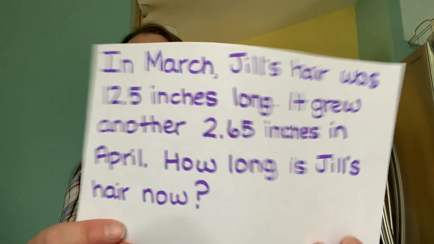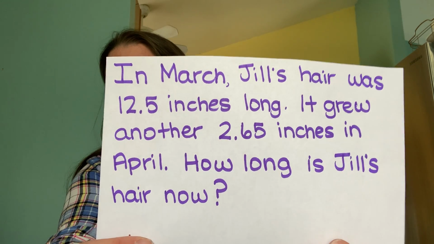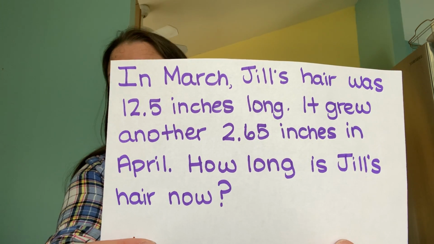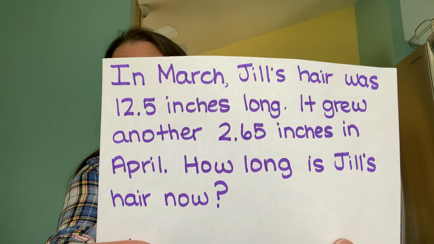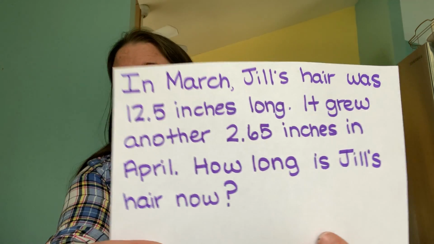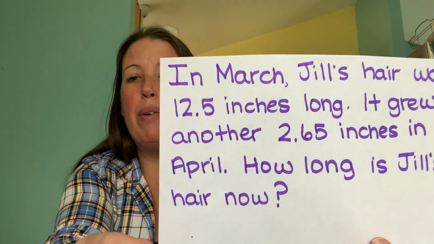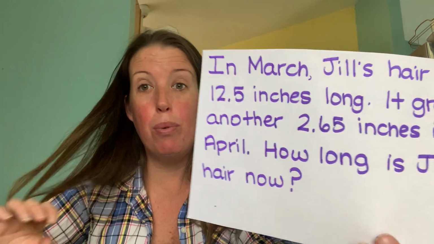Okay, here we go. In March, Jill's hair was 12 5/10 inches long. It grew another 2 65/100 inches in April. How long is Jill's hair now? Now, it's not asking how much longer, it's asking for the new length.